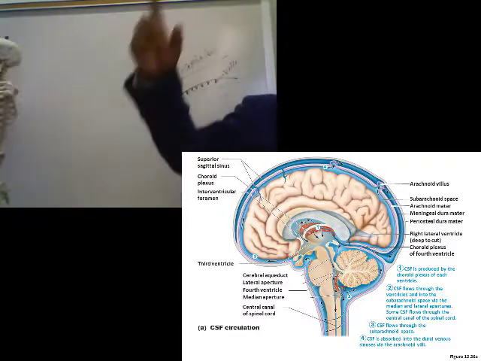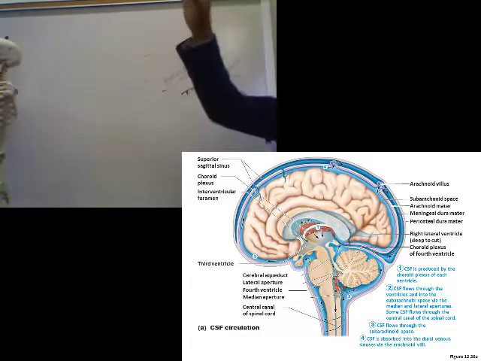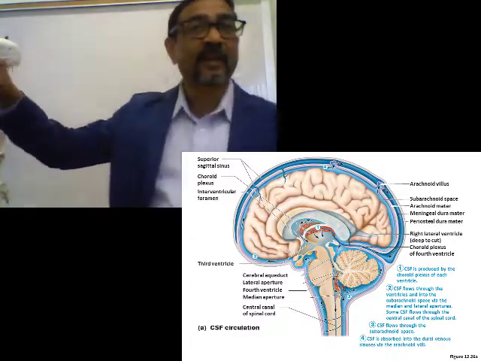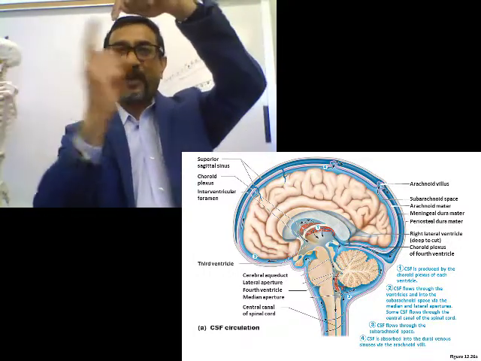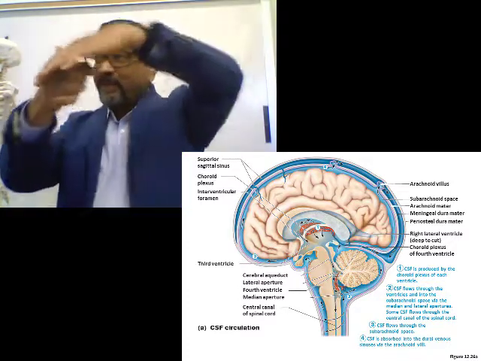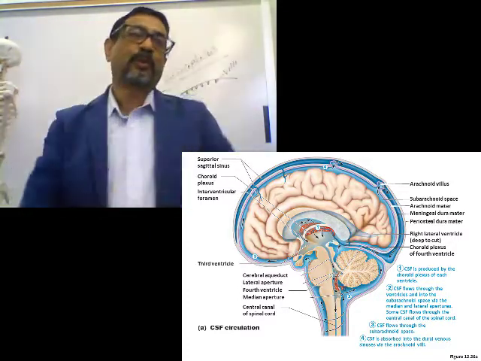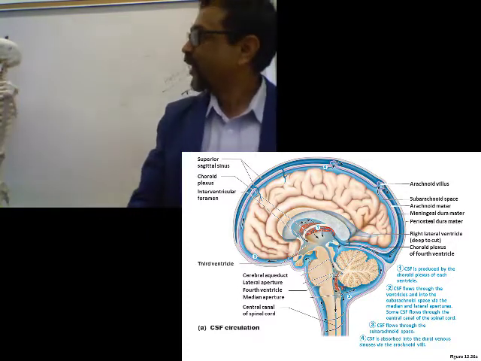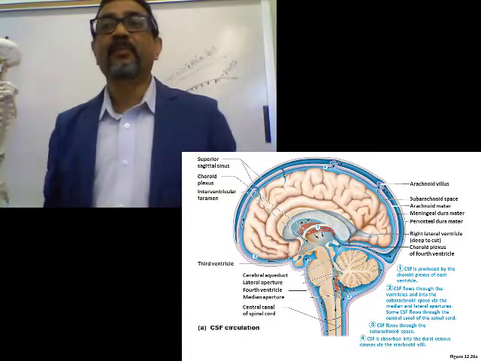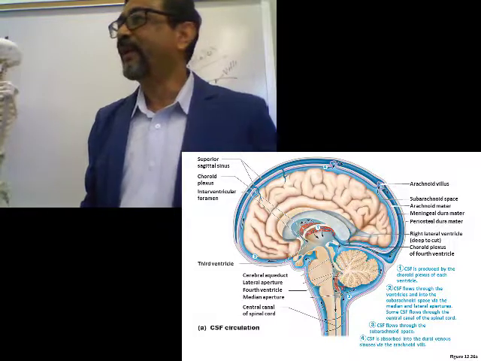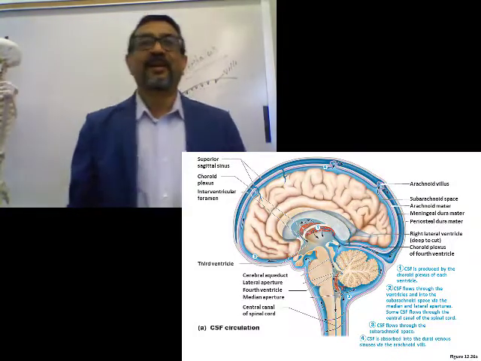Okay, so that's the flow of cerebrospinal fluid inside the ventricles and in the subarachnoid space. Not only that, it goes around the spinal cord, right, and passes through the spinal cord. And the cerebrospinal fluid provides protection to your brain and the spinal cord. How?